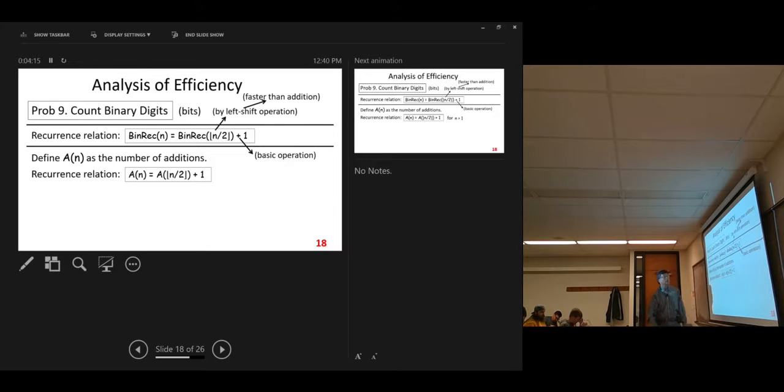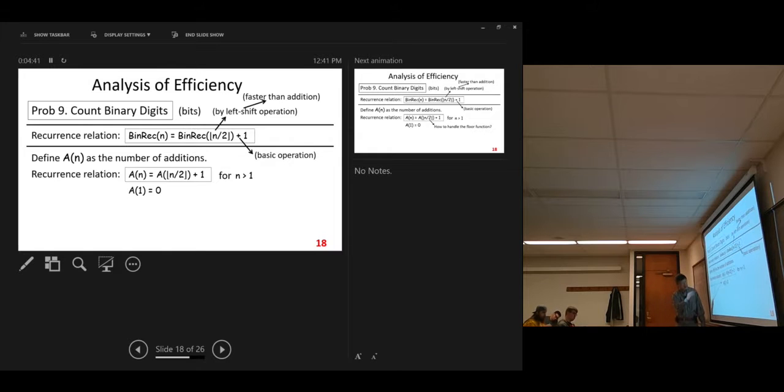So plus 1. So the recurrence is like this. A of 1 equals 0, because when n equals 1, you do not do any addition. So the base case is 0.